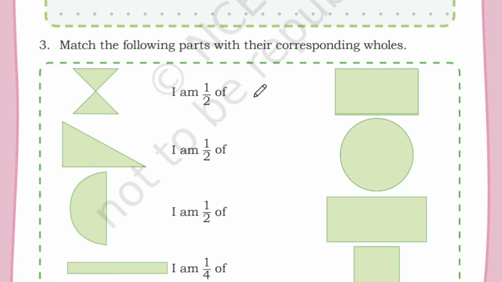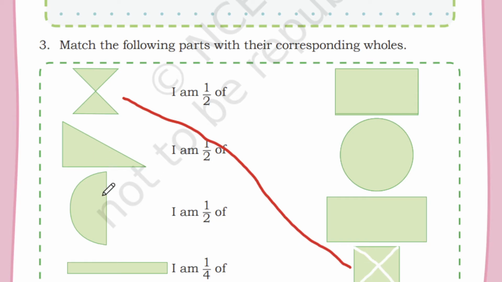So I am a half. Look at this shape. It is a square shape. So we have a square here. I'm just going to cut this. Now we are getting this shape. So half of this shape, so matching.